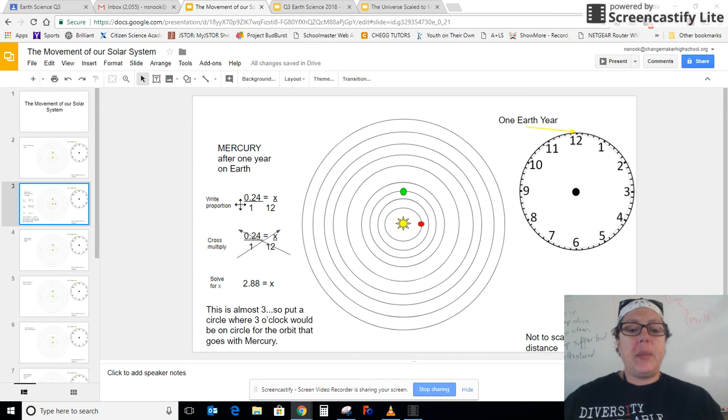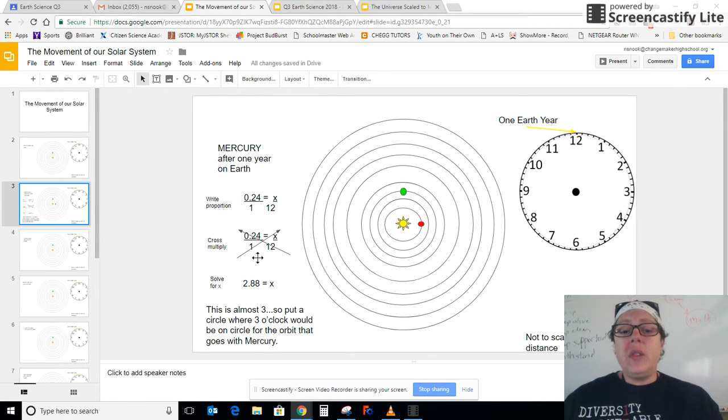So what I did was I put what the Mercury's ratio is up top on the numerator, and I put the Earth as 1 on the denominator. It equals what time is X for Mercury over what time it is for Earth, which is 12.